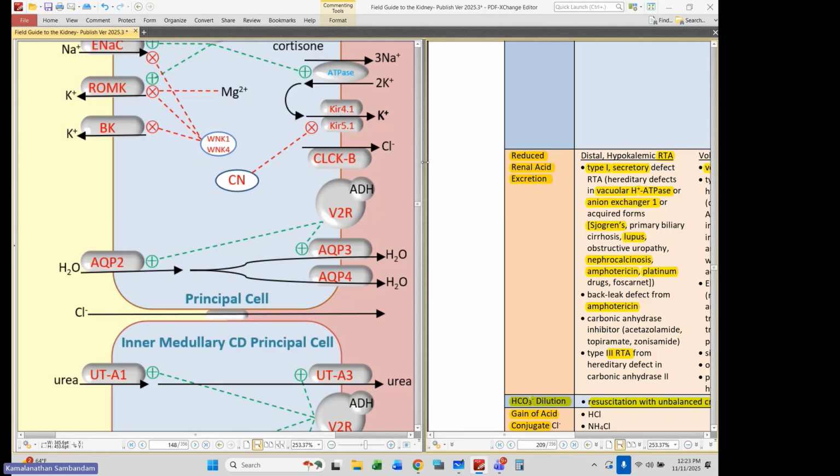Okay, so the most common example in which I would see this is a patient who has cirrhosis and then has diarrhea from their lactulose, right?